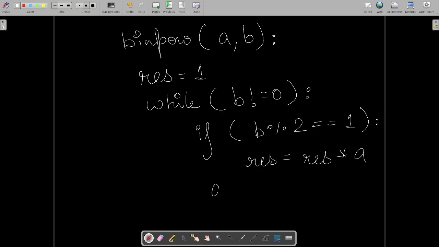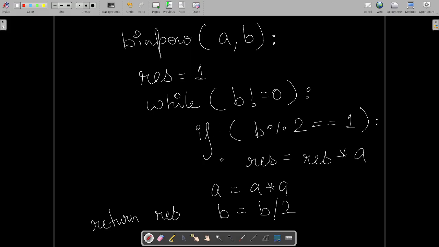If it's not, nothing happens. You multiply a, you divide b, right? Then in the end you just return res.